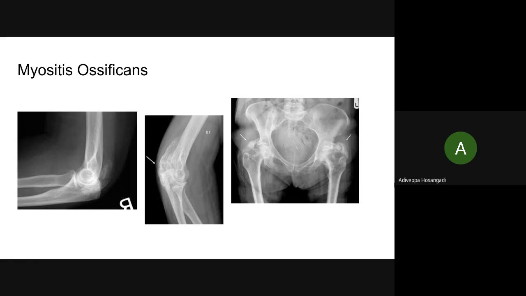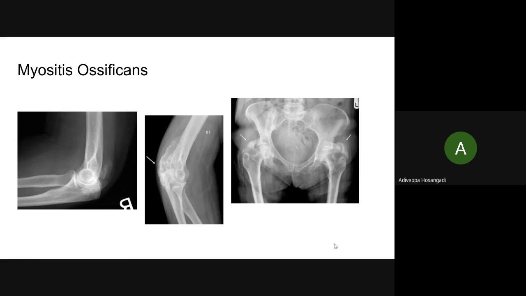Myositis ossificans itself is a misnomer. Why? Because there is no inflammation of the muscle. It is ossification inside the muscle.